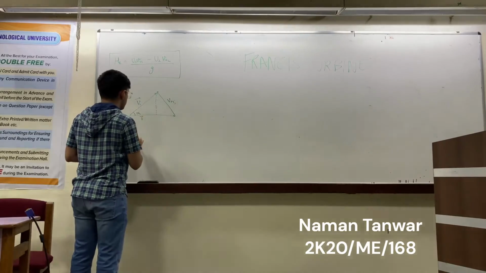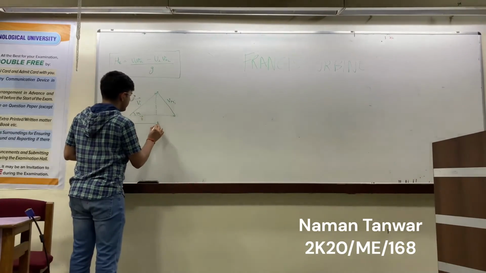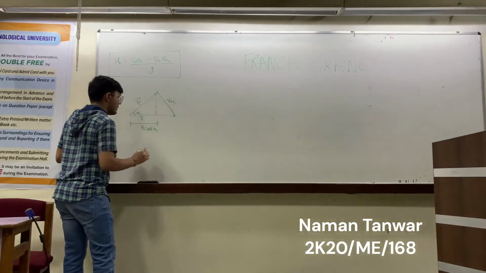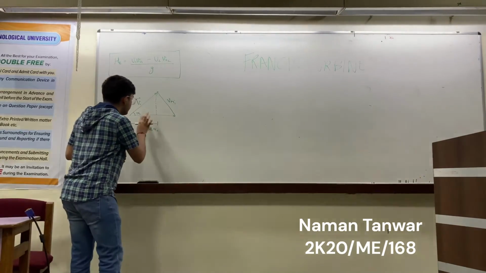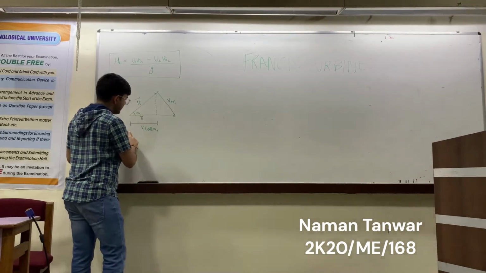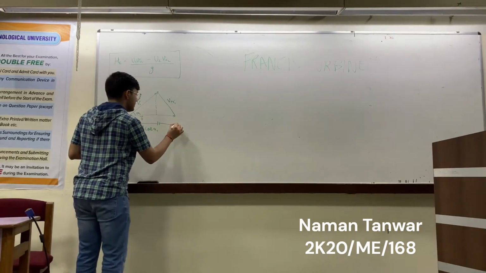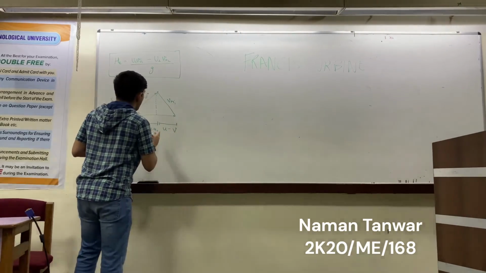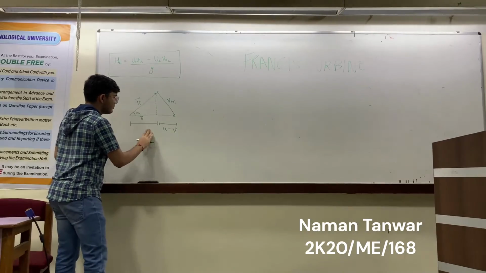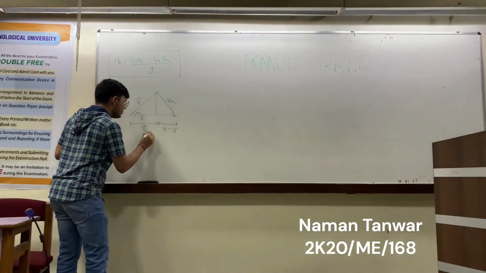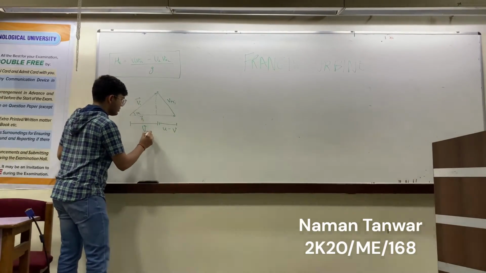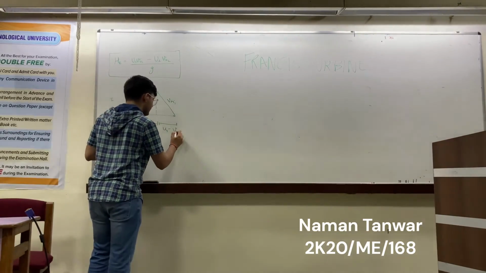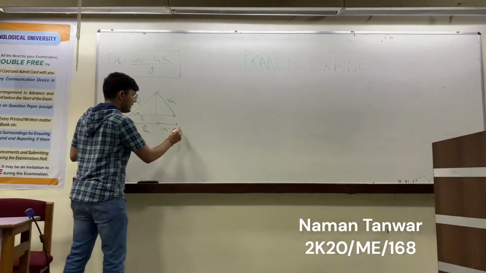If this is U, this will be the component V1 cos alpha 1. If this is U and this is V1 cos alpha 1, this will be U minus V1 cos alpha 1. Also, I could have rewritten it as V U, or with subscript 1, U1 minus V U1.